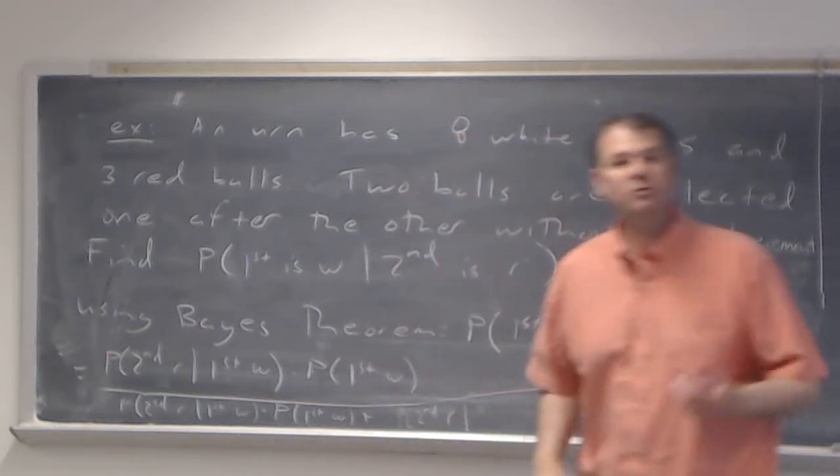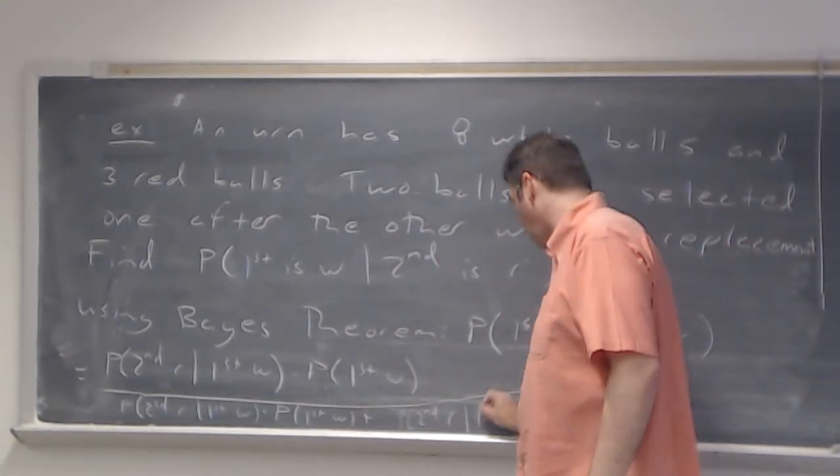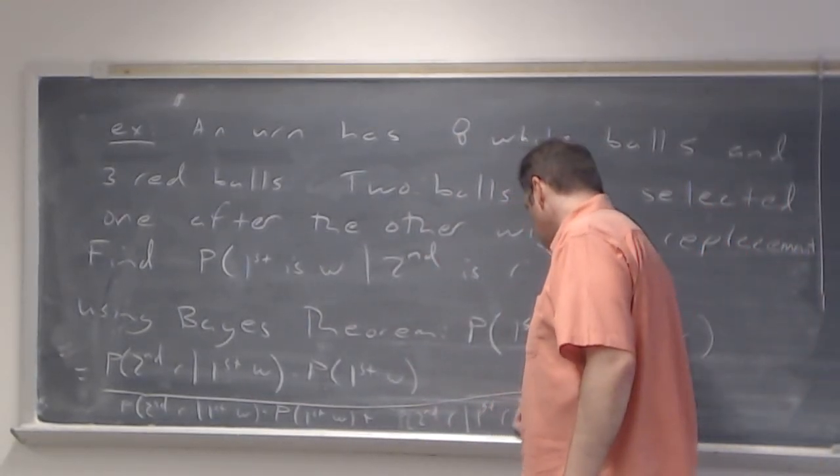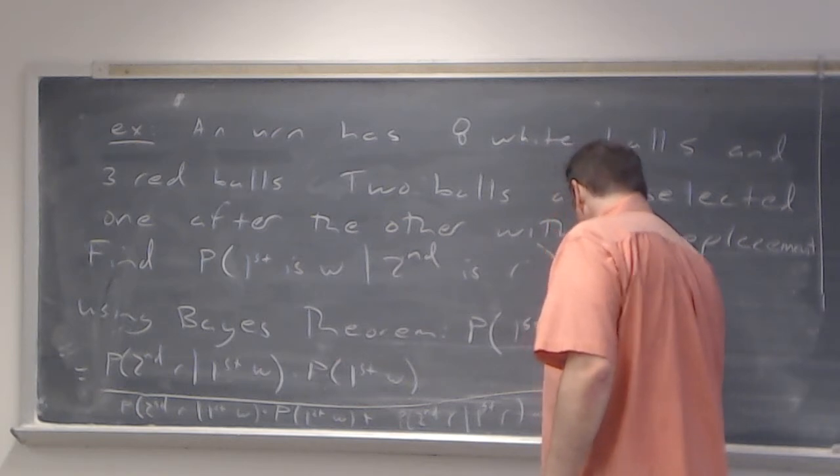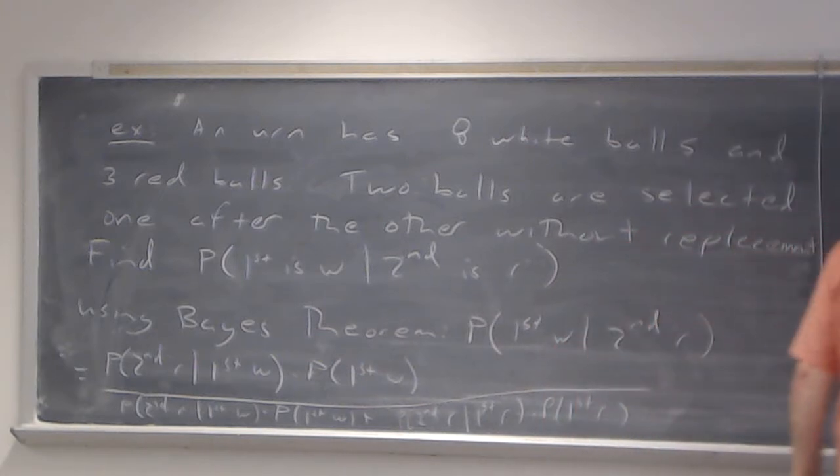Well, the opposite of the first draw being white is that the first ball was red, times the probability the first is red. Okay. We'll come over here and make those computations.